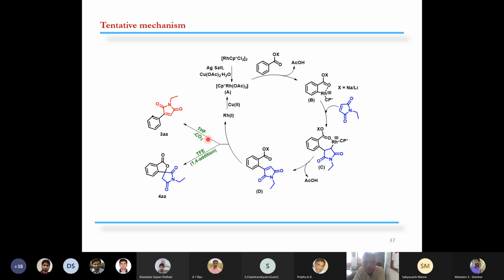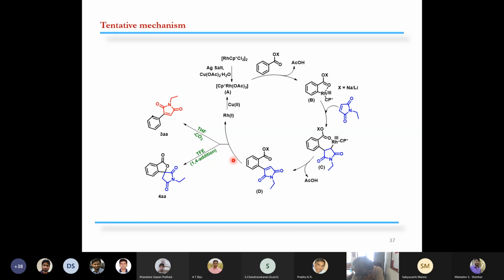When we switch from THF to TFE, TFE is more polar, and this salt gets more polarized, that is, more solvolysis. Due to more solvolysis, this oxygen will attack this double bond. So you are saying it is a solvent effect, mainly on the solubility? Yes.